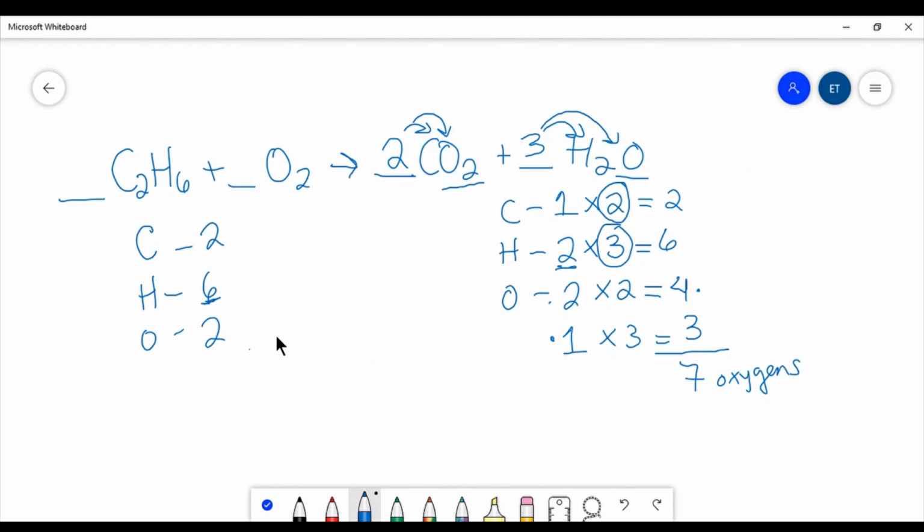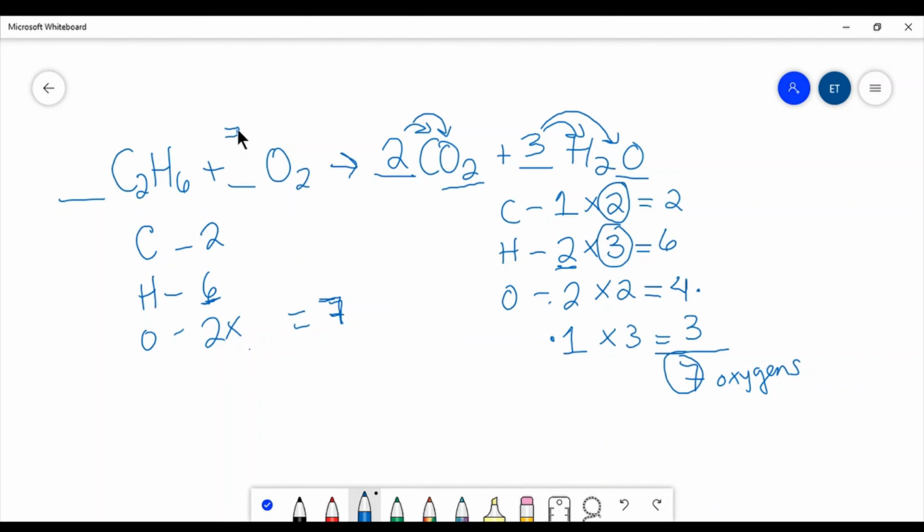There are no whole numbers that we can multiply this 2 with in order for it to give us a 7. Okay? So this is where fractions come in. Remember, I was telling you that they might be a little bit more confusing. So when you already know that everything else is balanced correctly, and then you get an odd number for your oxygens, simply what you're going to do is use this number and turn it into a fraction.